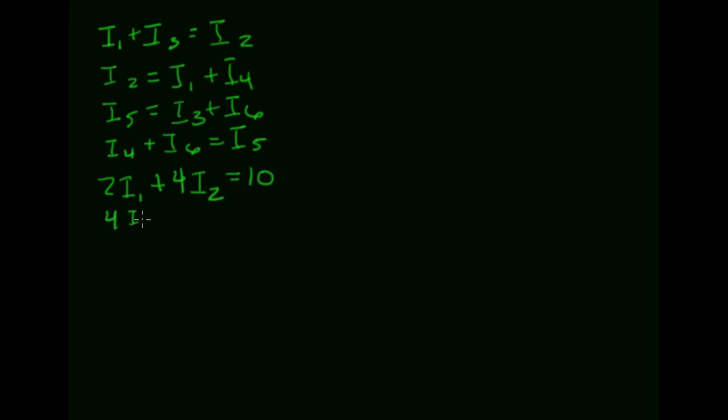So 4 times I2 plus I3 plus 2 times I4 plus 2 times I5 should equal 17 volts. And then in path 3, 2 times I5 plus 4 times I6 should equal 14 volts.